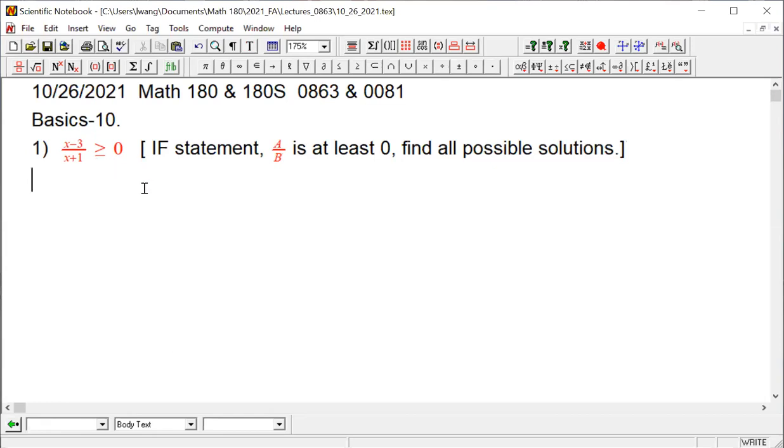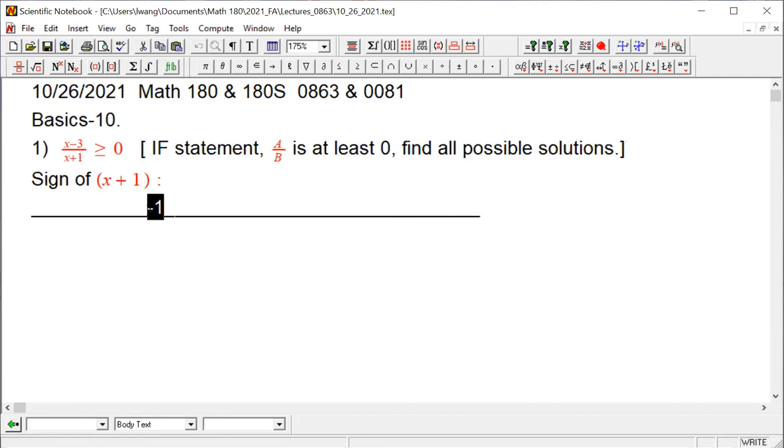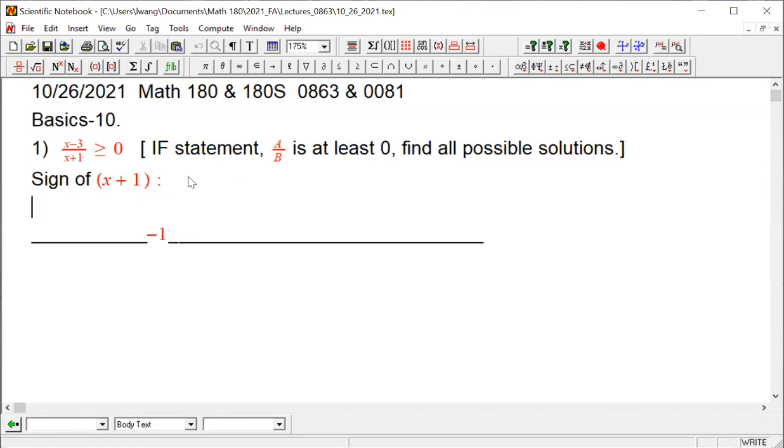So we're going to look at the sign of x plus 1. How does the sign of x plus 1 behave? Well, x plus 1 changes sign at negative 1. When x equals negative 1, x plus 1 is 0.